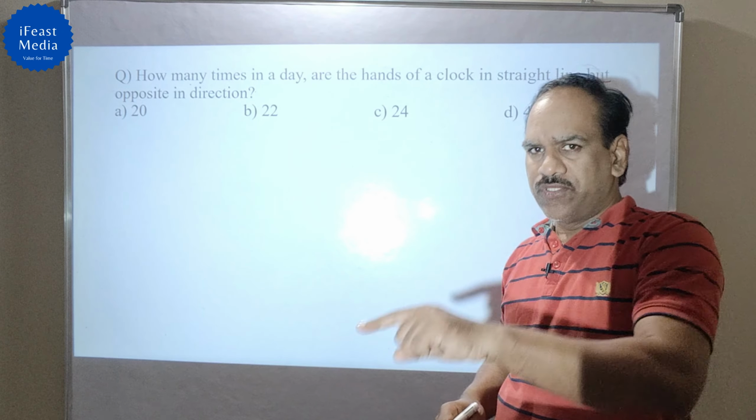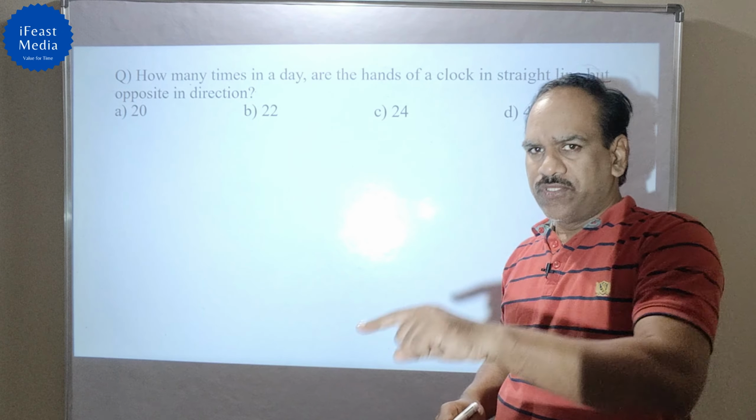Therefore, when the time is 4 hours 38 2 by 11 minutes, again both the hands will be at a right angle in the same 1 hour.